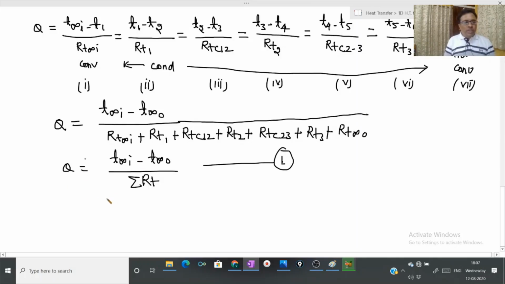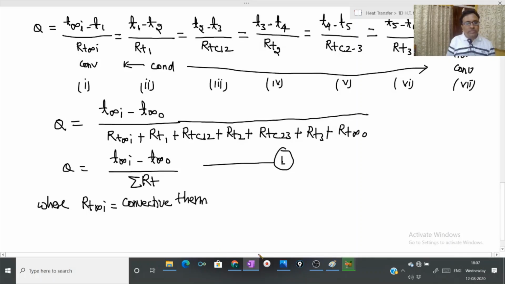In order to calculate this rate of heat transfer, T infinity I and T infinity O are given to me. I must be able to calculate all these individual thermal resistances offered by fluid and slab materials. So let us calculate them one by one, where RT infinity I is nothing but the convective thermal resistance of hot gas.